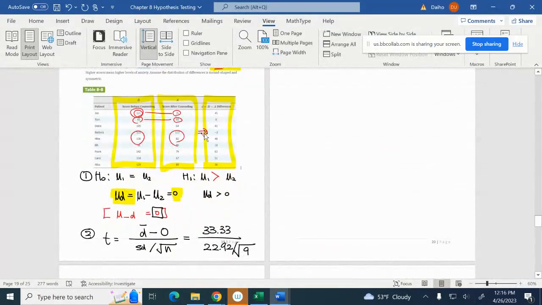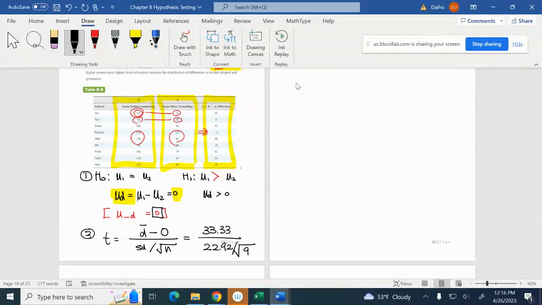Okay, good. So how much will be the t-score? 33.33. Let me take the denominator. It's 22.92 over square root of 3, it is 7.64. Let me square root of 9. Oh, just a second. That is 4.363.